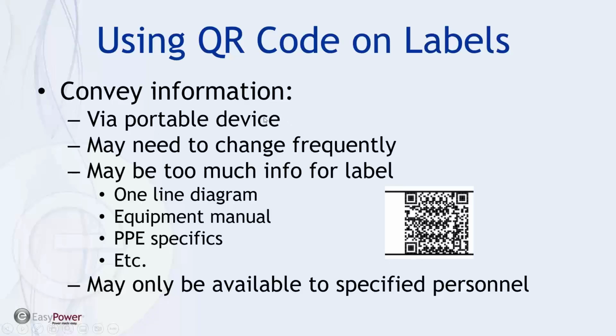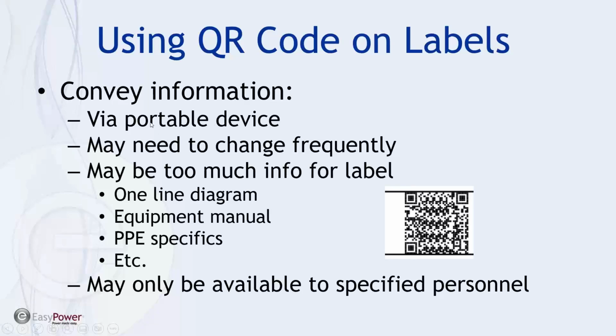So more and more people are starting to understand the need or the possibility of expanding not only the information that can be made available to the audience, but you can limit that information to a recognized subset of the population by making the access to the website, which this will link to, only available for certain personnel or certain passwords. So all that can be accommodated in the system side of the website.